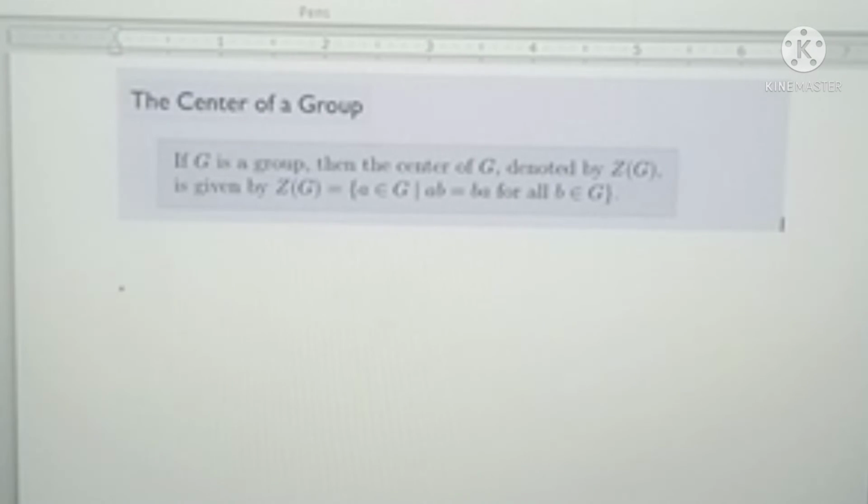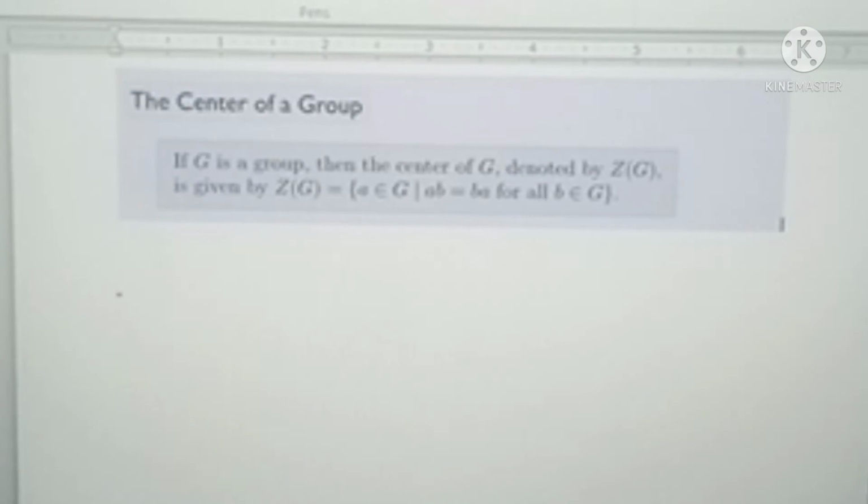The definition of a center of a group: if G is a group, then the center of G, denoted by Z(G), is the set of all A belonging to the group G such that AB is equal to BA for all B that is an element of G. So meaning there is an element A that commutes with all elements in the group G.